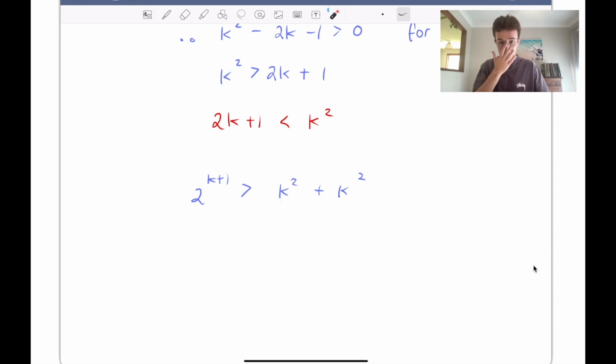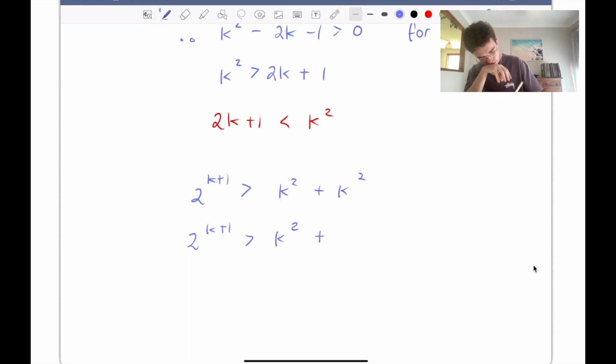But in this case, it does end up working out quite well, because 2 to the power of k plus 1 is greater than this whole expression. If I replace k squared with 2k plus 1, this inequality is still true because 2k plus 1 is less than k squared.